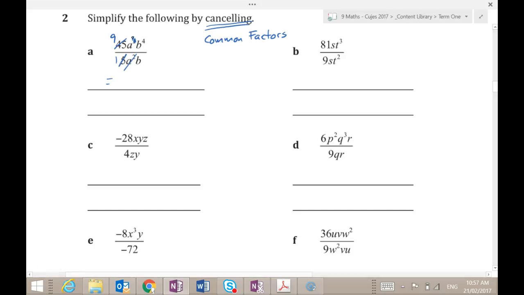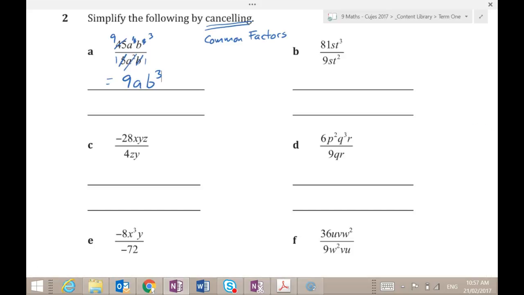And then how many B's can I cancel? I've got 4 on top and 1 on the bottom, so I can only cancel 1. The 1 on the bottom cancels with 1 of those B's on the top. So in the end, I've got 9 A to the power of 1. I don't need to write to the power of 1. And B to the power of 3. And that's my answer.